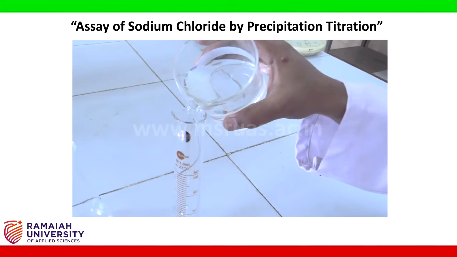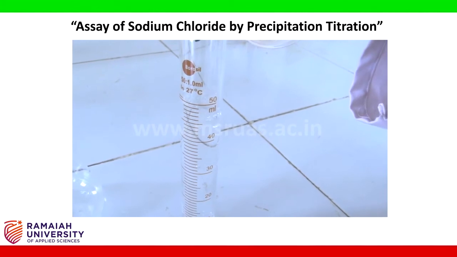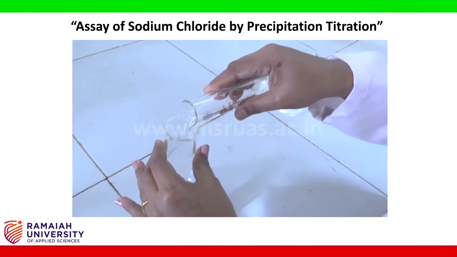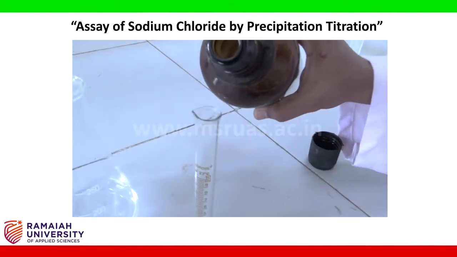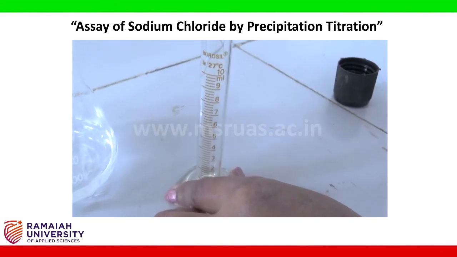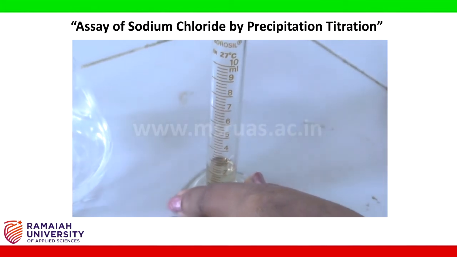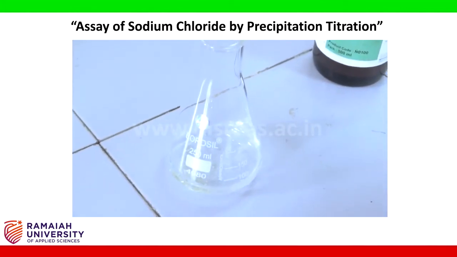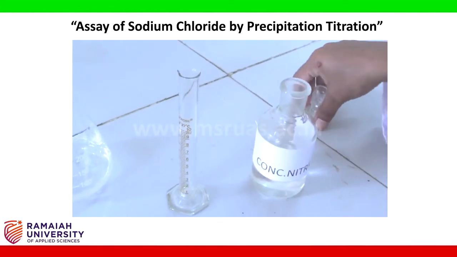Transfer 50 ml of distilled water using measuring cylinder into the conical flask. Now add 2 ml of nitrobenzene using 10 ml measuring cylinder. Transfer 5 ml of concentrated nitric acid using 10 ml measuring cylinder.